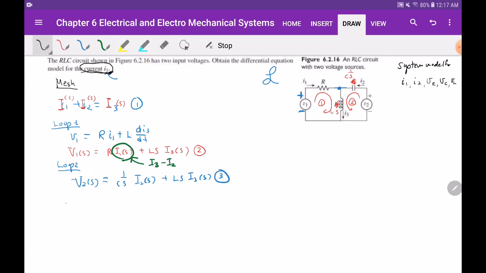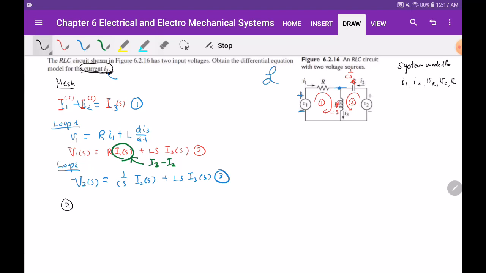Equation 2 again, in terms of I2 and I3. Oops, that was wrong, never mind.